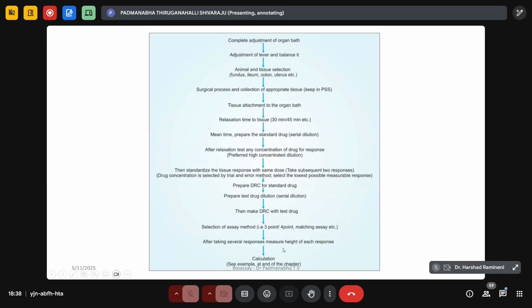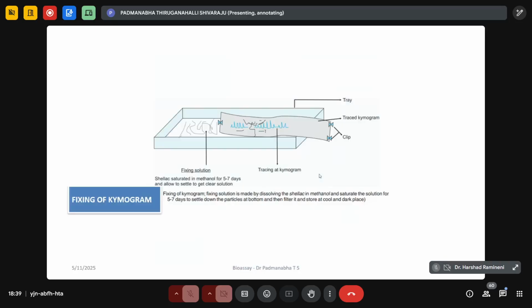After taking several responses, you need to measure the response. We measure the height of each response and go for a calculation. We do the calculation with respect to the heights taken from the responses, comparing with the standard responses.